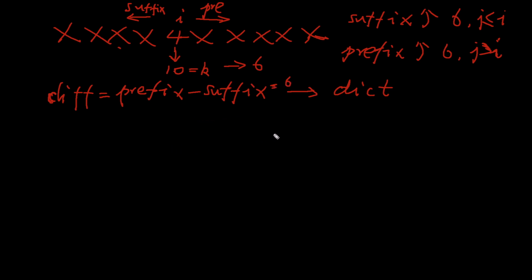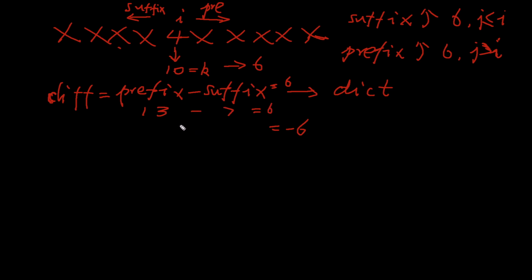Or another way is, if the original difference is equal to -6, right? Because, for example, if the original difference is like 13 minus 7, equal to 6, if this is the original prefix and suffix, after changing this one, since this suffix increased by 6, this one will become 0.